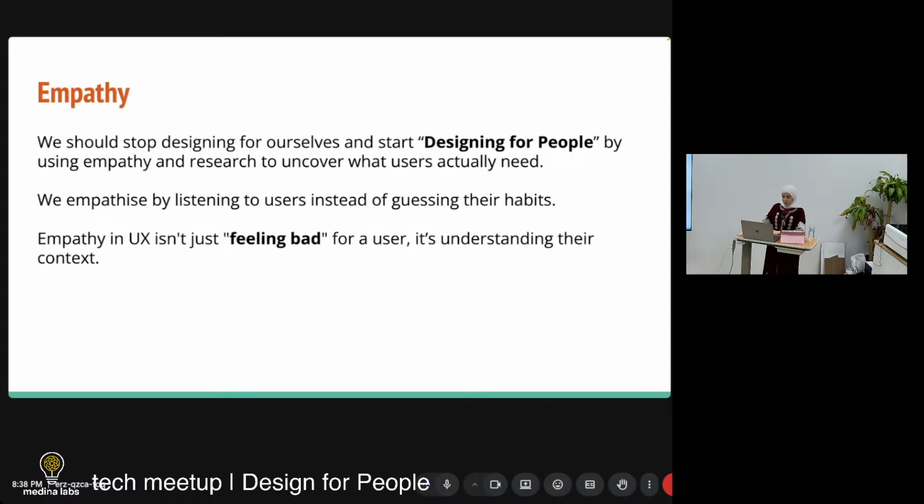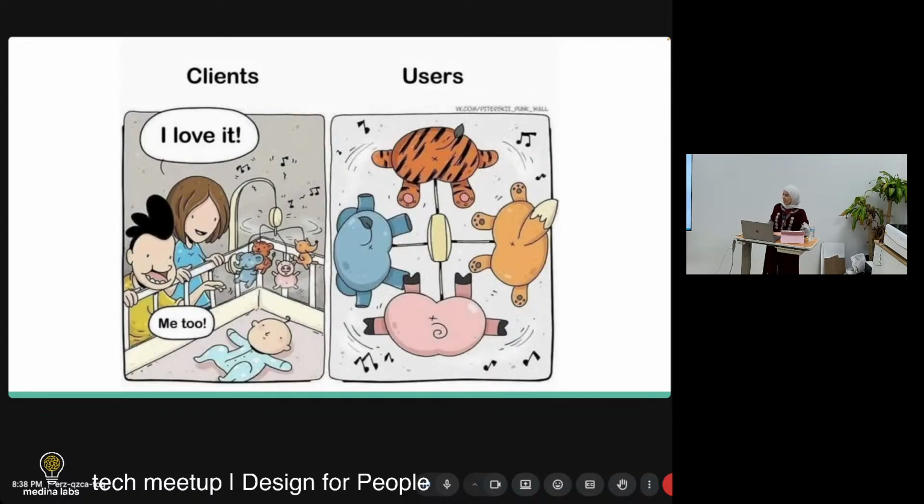Okay, this is one of my favorite illustrations in UX design. If you look at the left side, you see this baby mobile, and the parents like it, they approved it, they paid for it, they are the stakeholders.